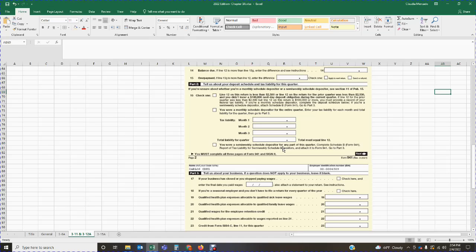Okay. So this is number 16. And then we're continuing with 16. And now we have to work on your monthly schedule depositor for the entire quarter. Okay. So now this becomes a piece of cake because the numbers are provided to you.